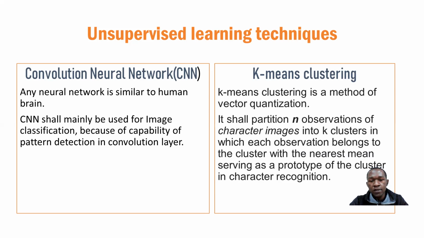The other technique is k-means clustering, a method of vector quantization, and shall partition any observations of character images into k clusters, in which each observation belongs to the cluster with the nearest mean, serving as a prototype of the cluster in character recognition.